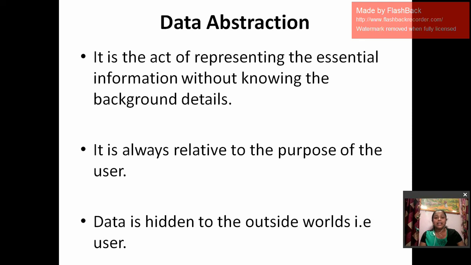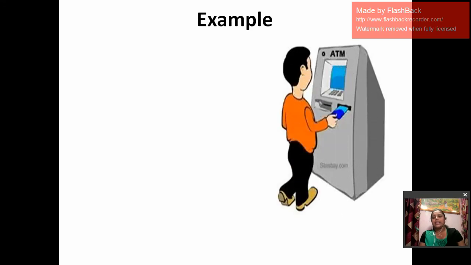And the measurement of how much information is essential is always relative to the purpose of the user. Now, let's explain this with an example. See, in this ATM, when we use the ATM card, we know how to operate the ATM with the ATM card.